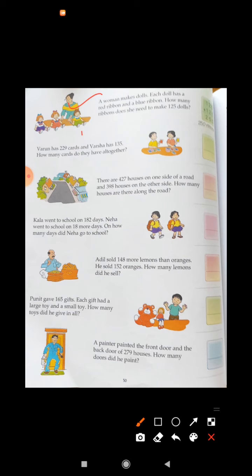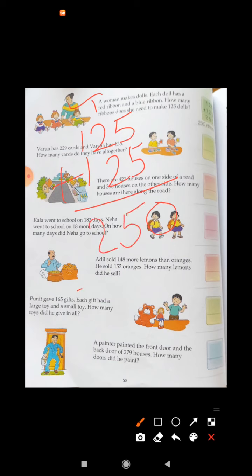So 2 times you have to add: 125 red ribbons and 125 blue ribbons. Now add this one. 5 plus 5 is 0, 1 carry. Now add the tens, it is 5, add the hundreds, it is 2. Answer is 250 ribbons to make 125 dolls.